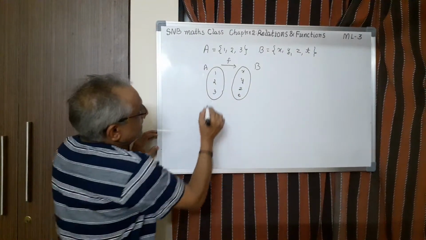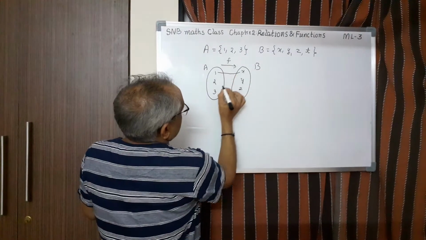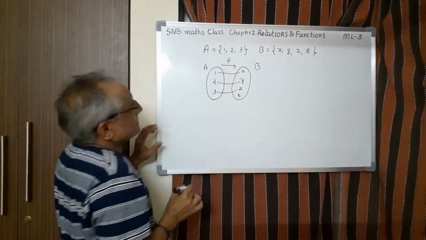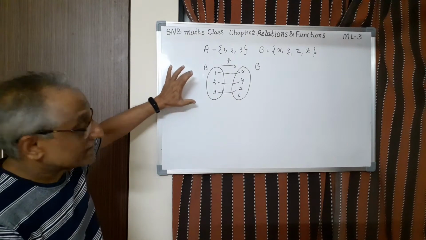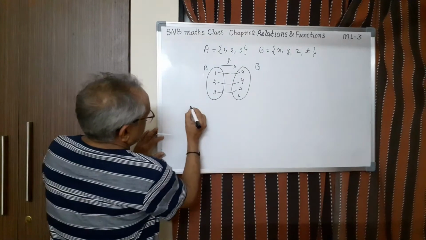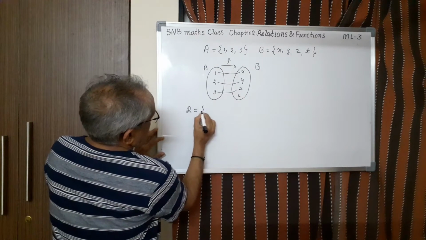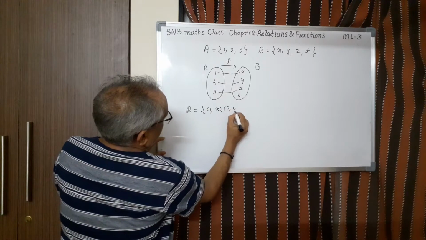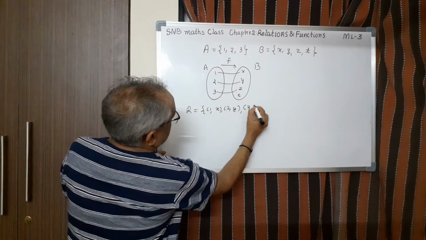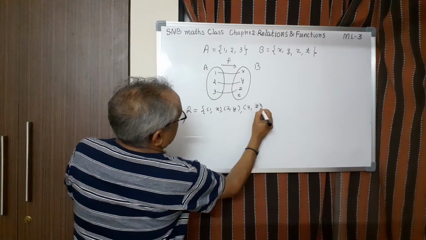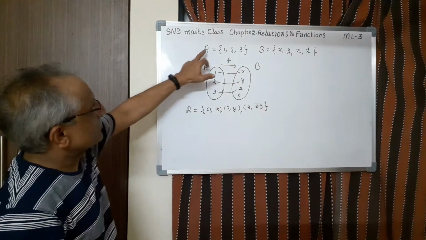Now if 1 is related to x, for example, 2 is related to y, 3 is related to z, this is called a function. This is a relation. First of all, this is a relation because if you take r equal to say 1x, then 2y and 3z, definitely it is a relation because it is subset of cross product A cross B.